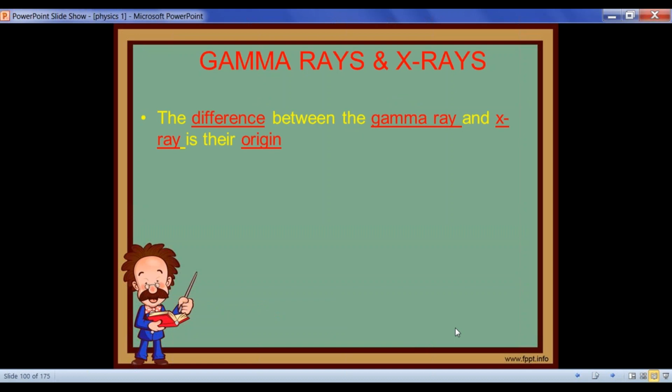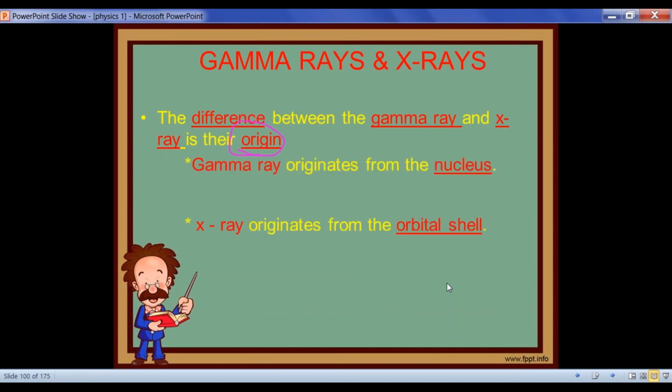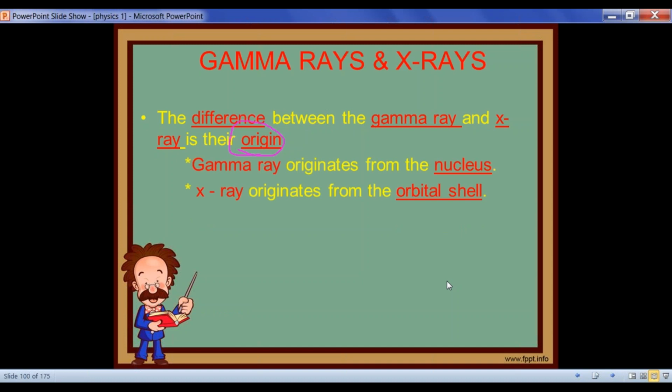The difference is their origin. Dahil ang gamma rays comes from the nucleus, while the X-rays comes from the orbital shell, katulad po ng pag-produce po kanina ng characteristic X-rays.